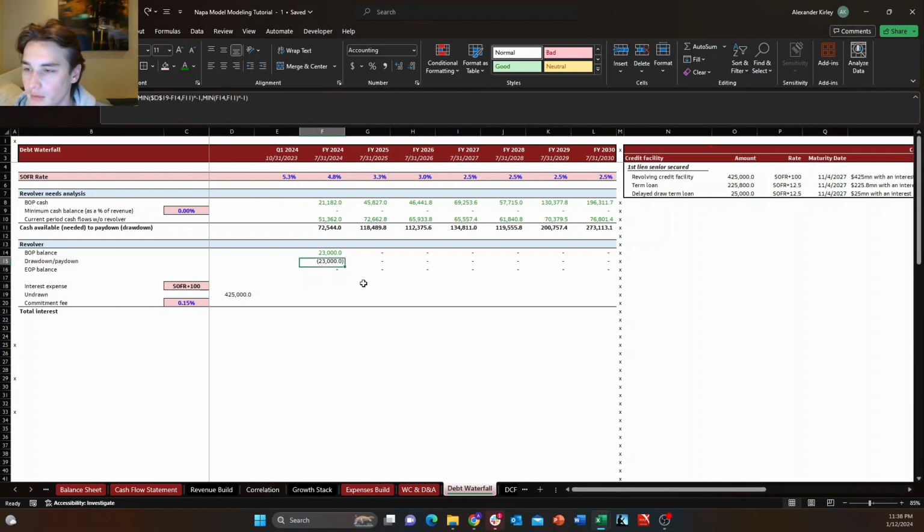So now that we have our drawdown / paydown equation, we now want to calculate our interest expense, the amount undrawn, as well as the commitment fee on this amount that is undrawn that we have to pay for holding a credit facility, $425 million of a credit facility. So the whole idea is, first I'm actually going to move this over here.